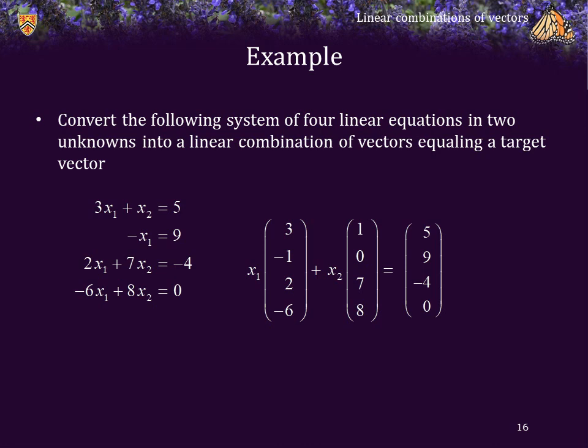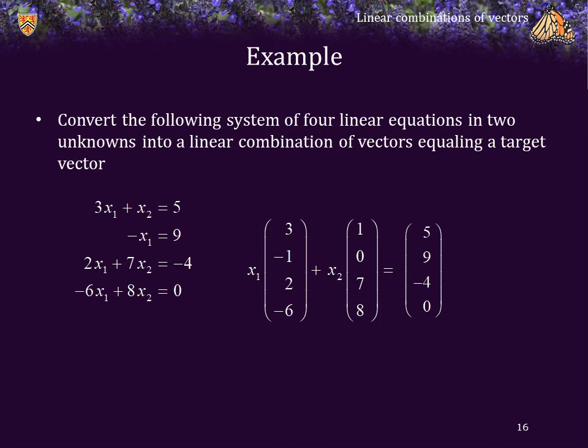Well, in this case, there are no solutions. For example, the second equation tells us that x1 must be -9. But if x1 is -9, then the first equation tells us that x2 must be 32.